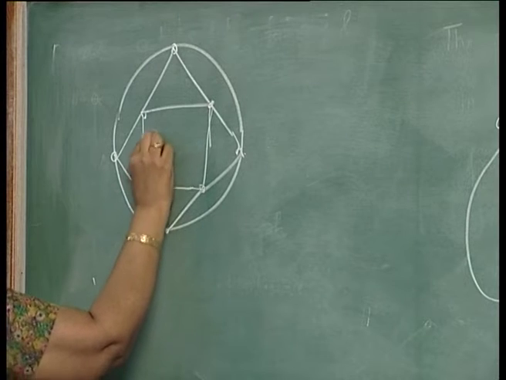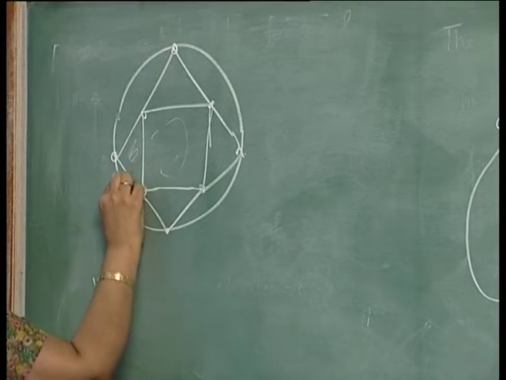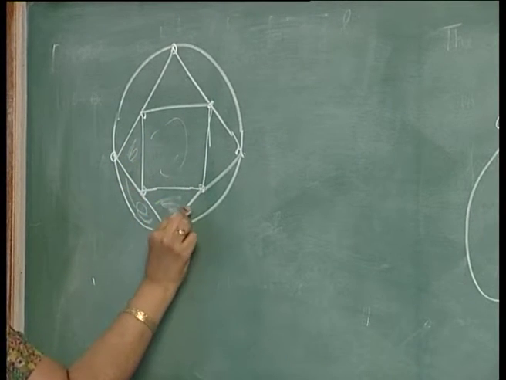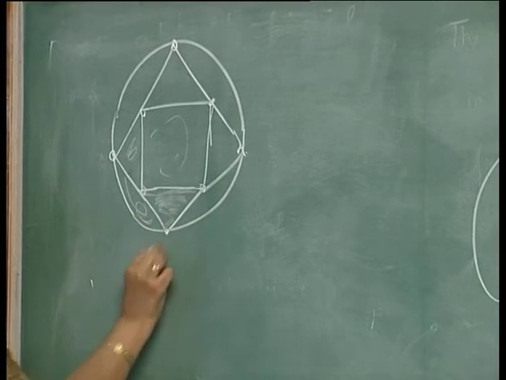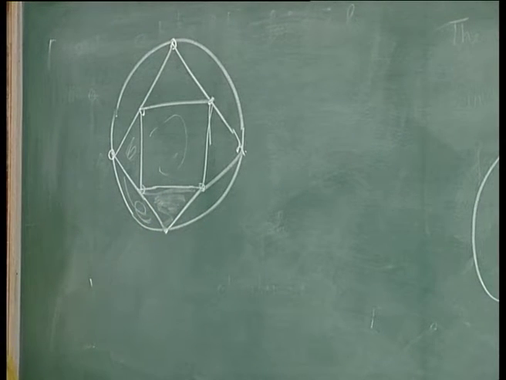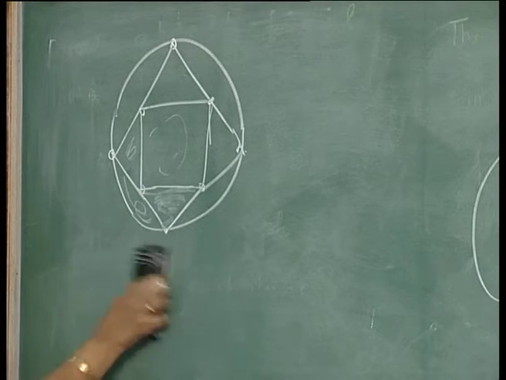These are called regions. This is one region, this is one region, this is one region, this is one region, and so on. So, if you draw a graph on the plane without crossovers, there is some connection between the number of edges, the number of regions, and the number of vertices. Let us see what is the relation.